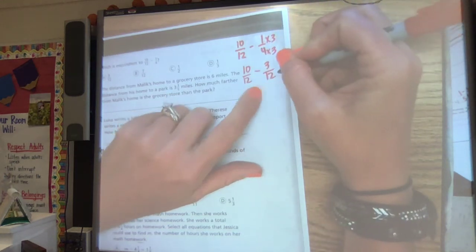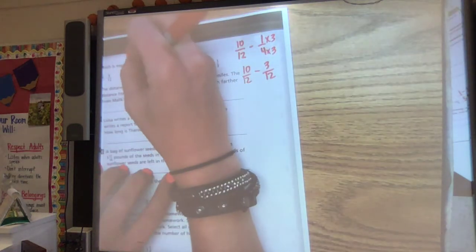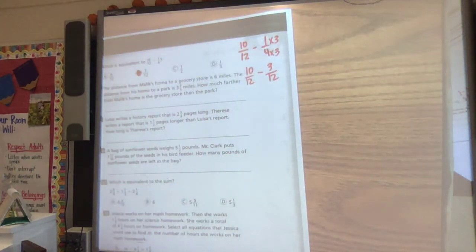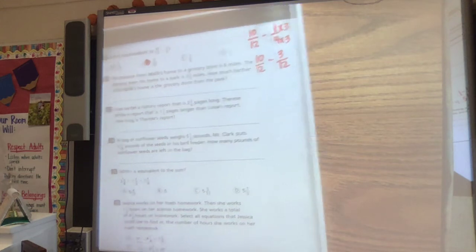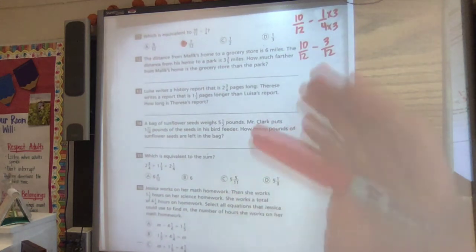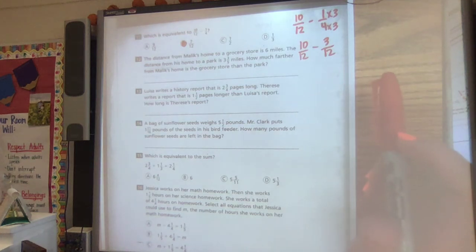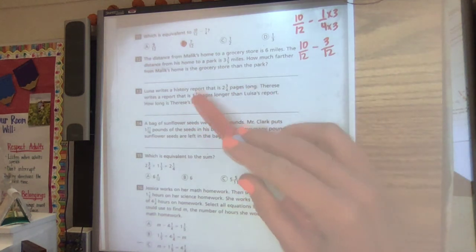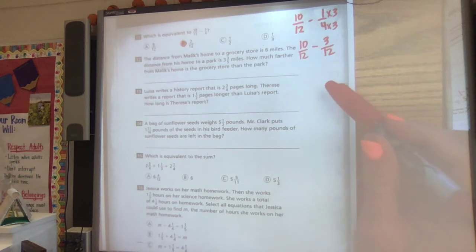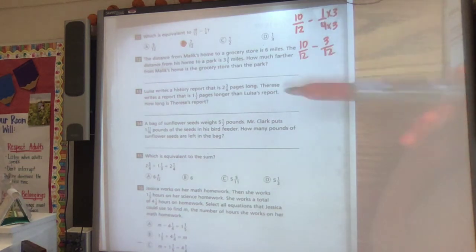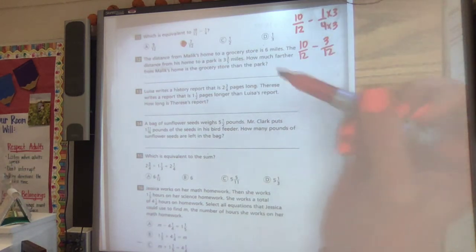So 10 twelfths minus 3 twelfths is 7 twelfths. You could have used some other denominators, 48, 24. But this will give you the smallest one in its simplest form.